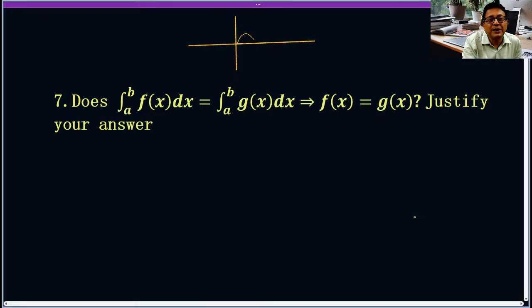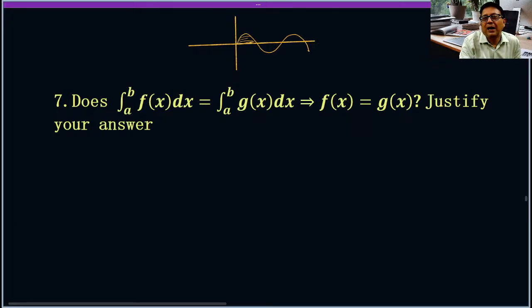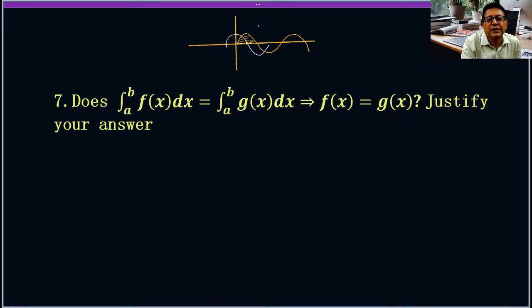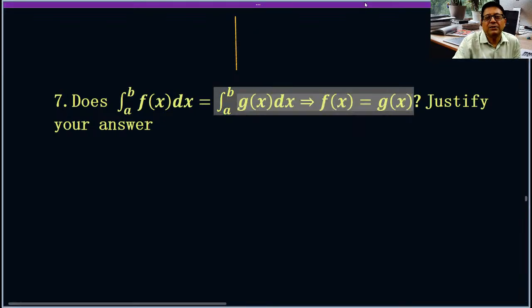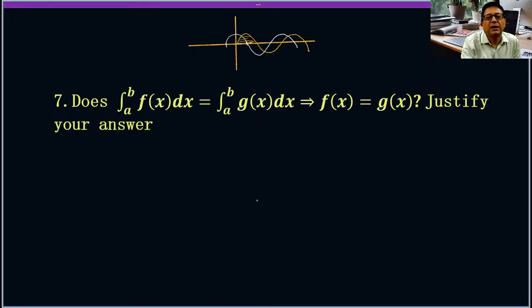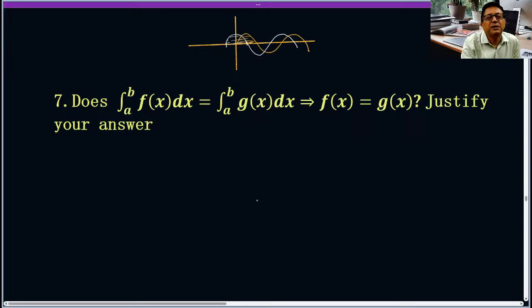So for this function sin x, this area, and then cosine x, this area, don't you think that they have the same value, same area, but they are representing different functions, sin x and cos x.